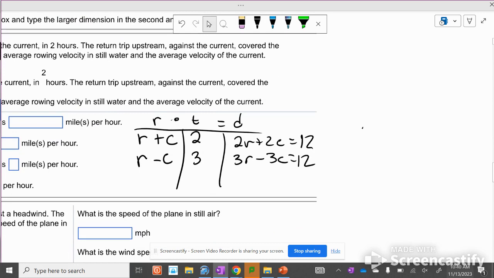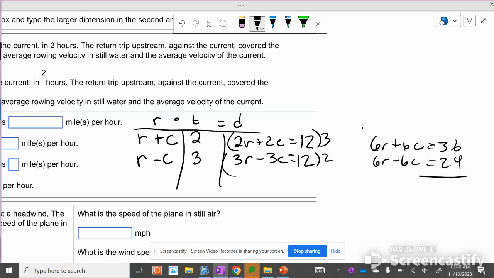Sorry about that. So I would multiply the top row by 3, bottom row by 2. So 6r plus 6c equals 36. And 6r minus 6c equals 24. So 12r equals 60. So the rate they rowed was 5. If you put a 5 in the top equation, you get 30.